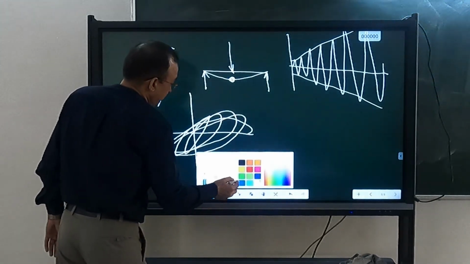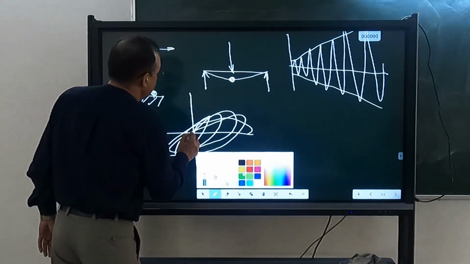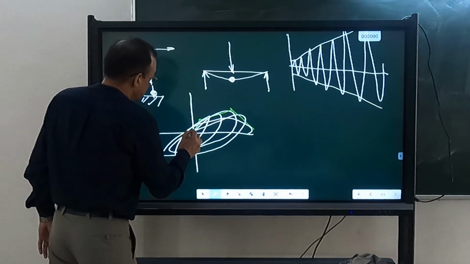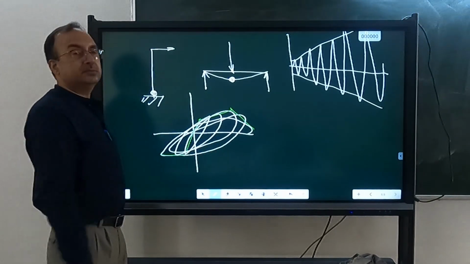Okay, and I will develop my backbone curve and hysteretic model.